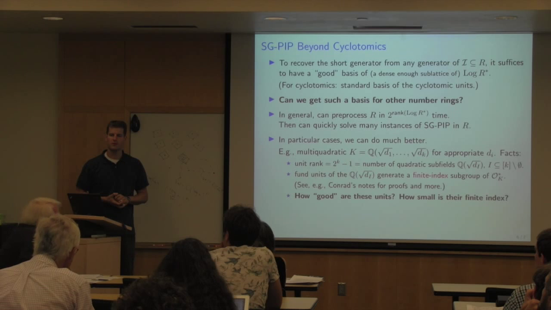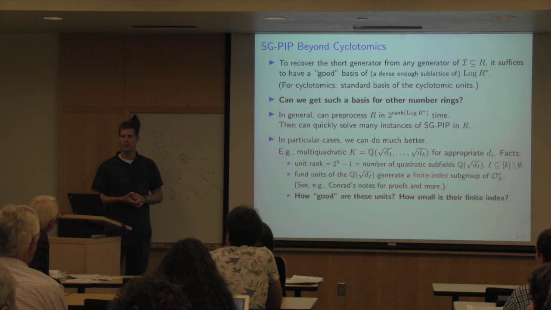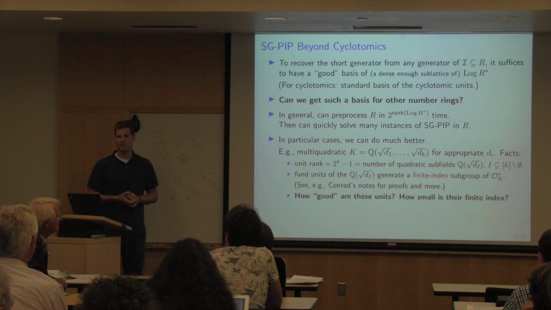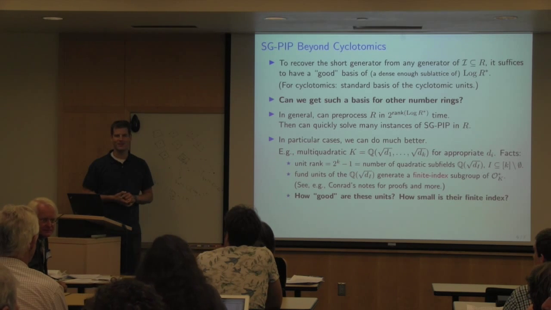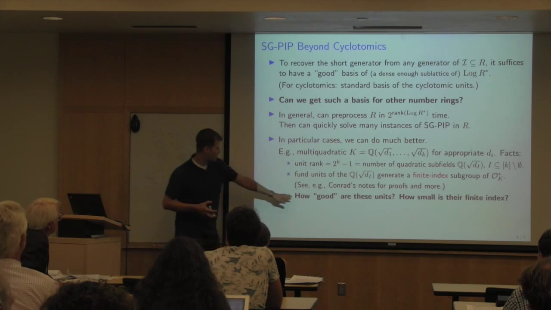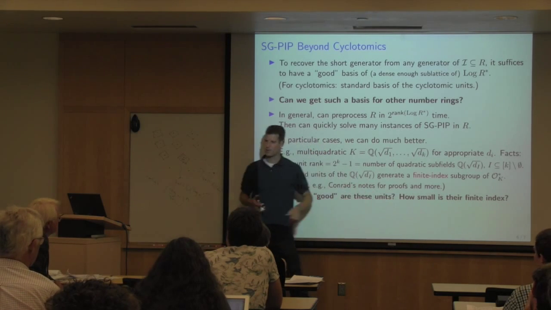Power of 2 to the n over 2, where n is 2 to the k. Okay, so that's too large. Yeah, that's a lot. Okay, so this might be good for the attack, but this might be something that has to be overcome.